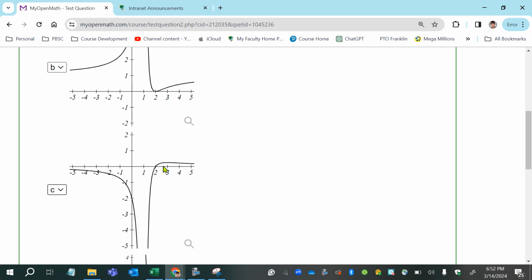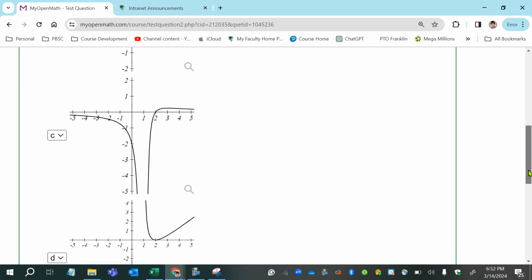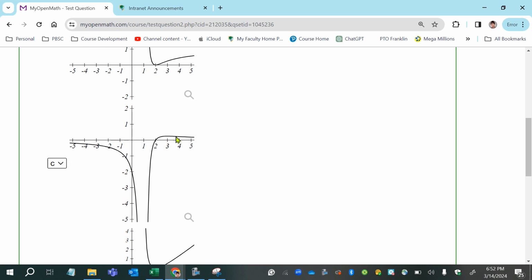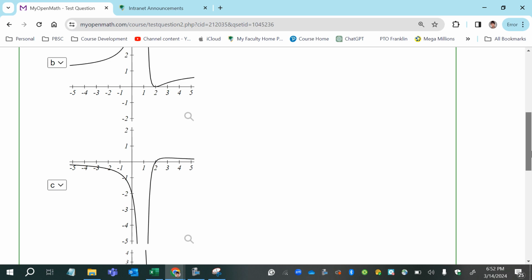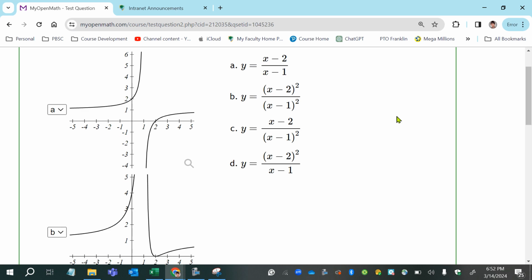Okay, so vertical asymptotes cannot be crossed. Horizontal asymptotes can be crossed, and you want to focus on what the ends are doing, if you see asymptotic behavior close to that line at the ends. So it appears that we do have that horizontal asymptote there, and so the third picture matches with option C.